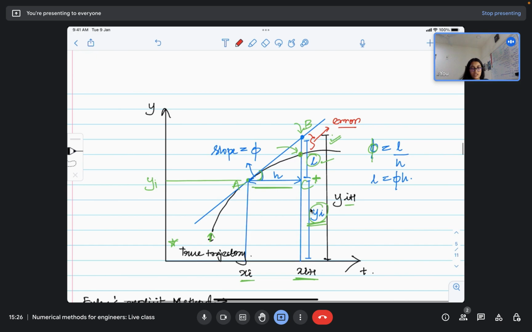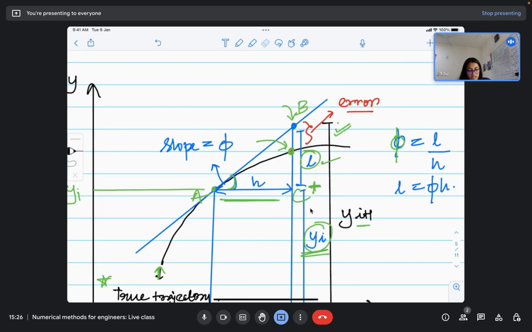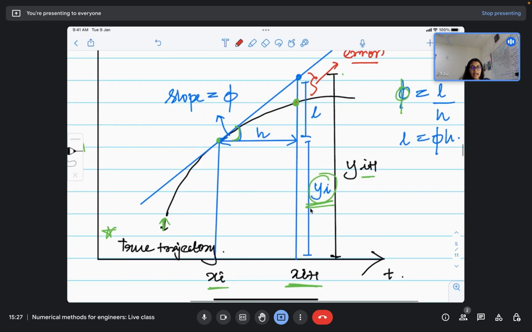Okay. So here you will notice what is actually happening. If we wish to find out the value of y at xn plus 1 more accurately, it is going to be this value.